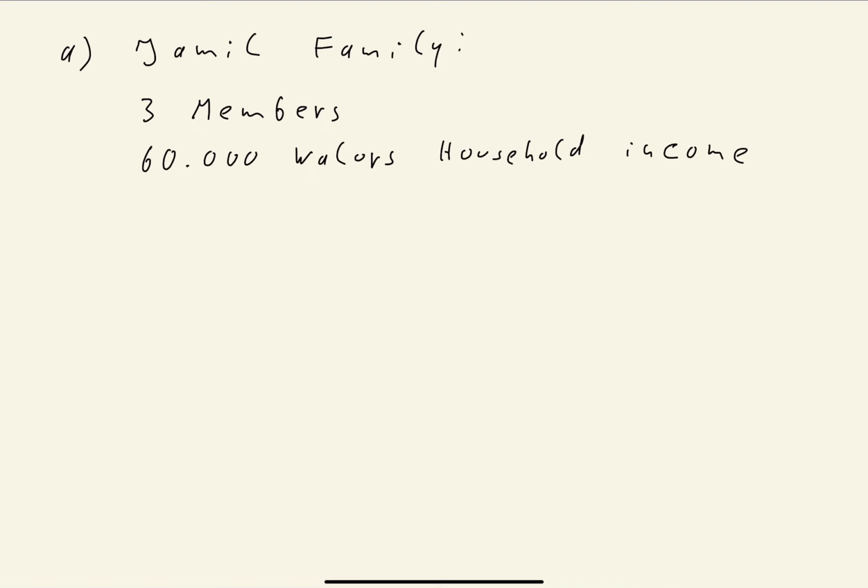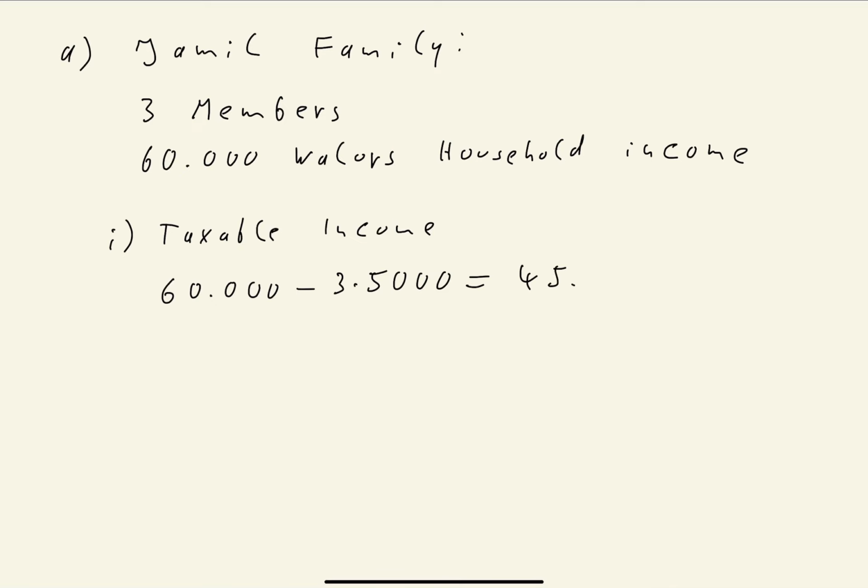And we are asked to calculate the marginal and average tax rates. So let us first calculate the taxable income. The taxable income would be 60,000 minus the amount of members in the family, so 3, times the height of exemption, which is 5,000. So 3 times 5,000, and this gives us a taxable income of 45,000.